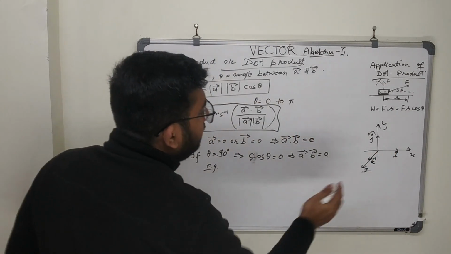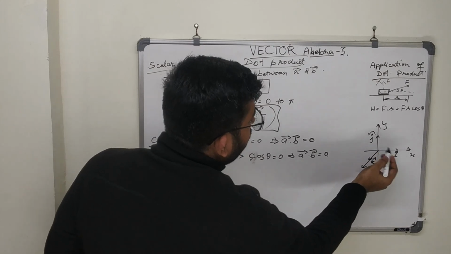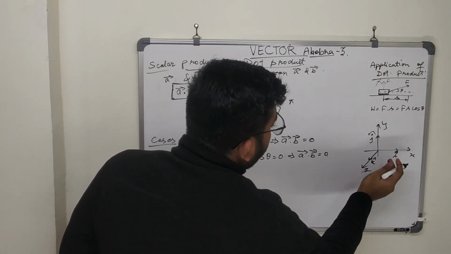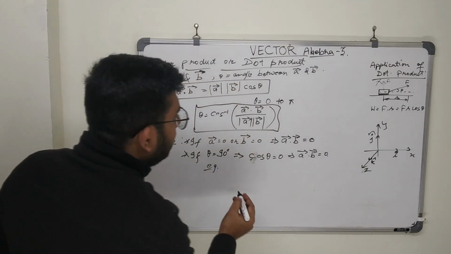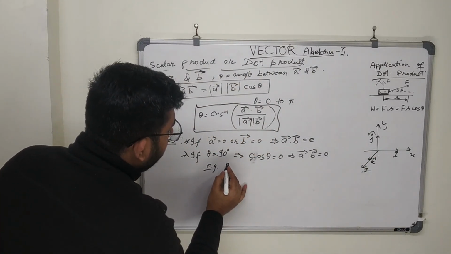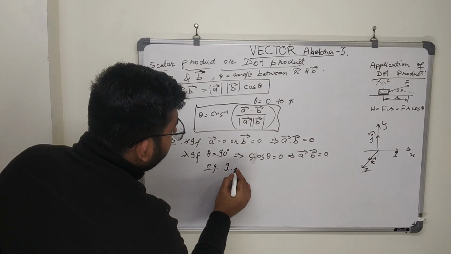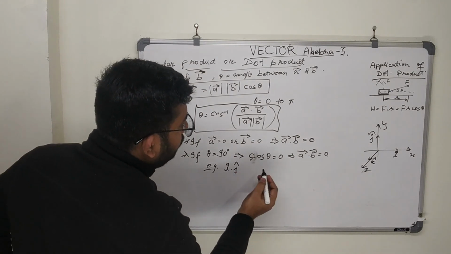So we can say that these are mutually perpendicular, that is at the angle of 90 degree to each other. So we can say that I vector या I cap dot J cap will be equal to 0.